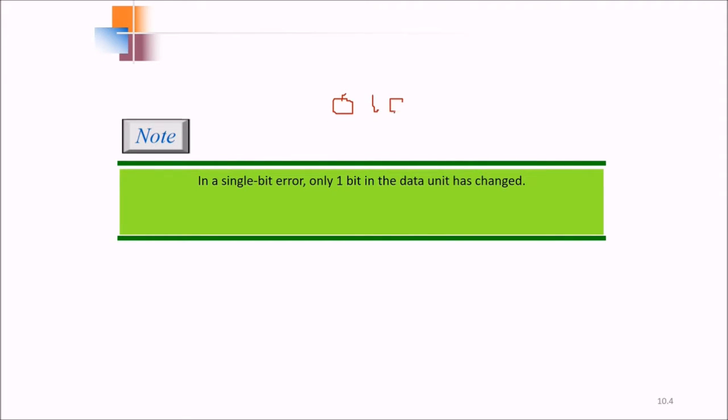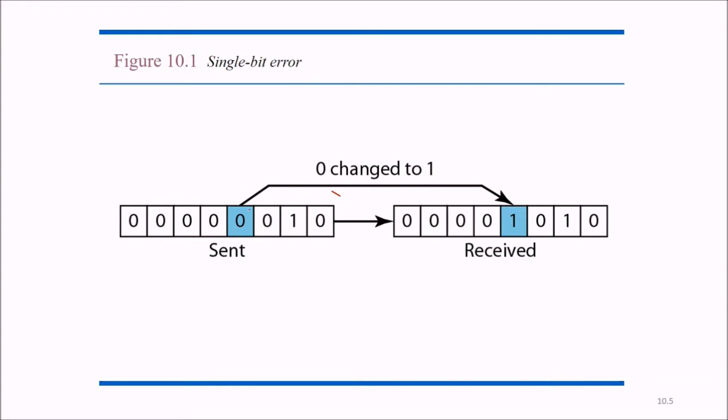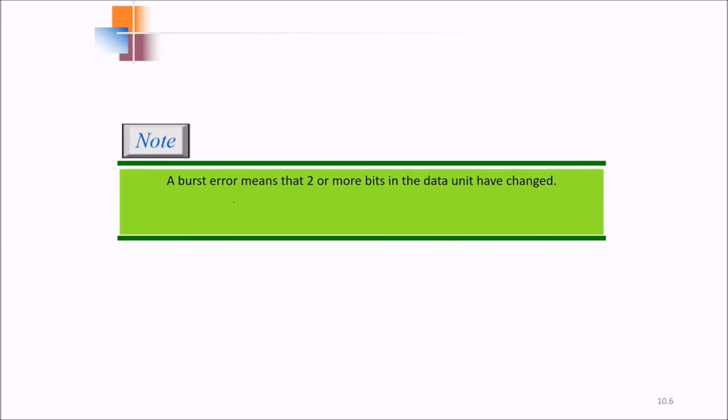See, this is 010, and if it is received as 000, there is only a change in the second bit, which is one bit. This is called a single bit error. Only one bit is changed. All others remain the same when they are received, but one bit has changed.